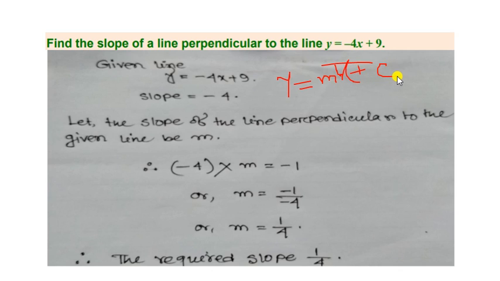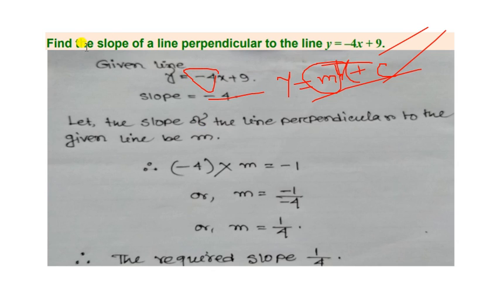Always when you get any kind of equation of a line, you should present it this way: y is equal to mx plus c, and you know m is the gradient or slope and c is the y-intercept. See, already it is given in this way, y is equal to mx plus c. So easily we can count here the value of m is minus 4. That means the slope is minus 4.